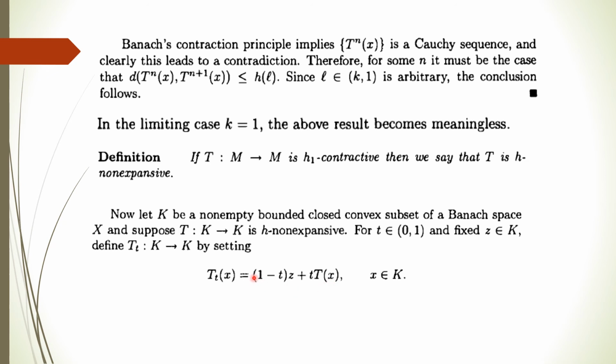When small t is going to 0, this capital T_t is going to the identity, and when small t is going to 1, then this is the same as T of x. So we define a new mapping like this.